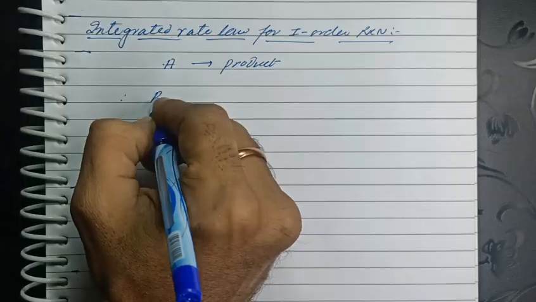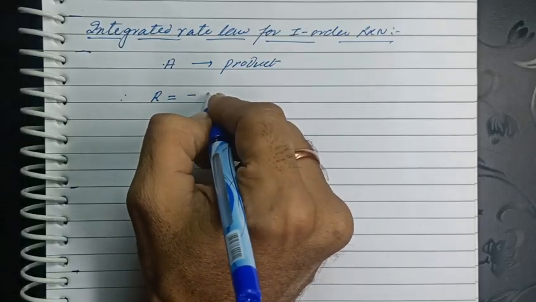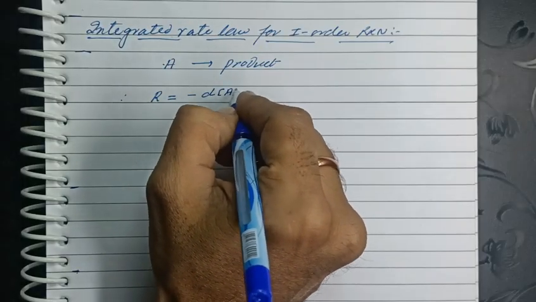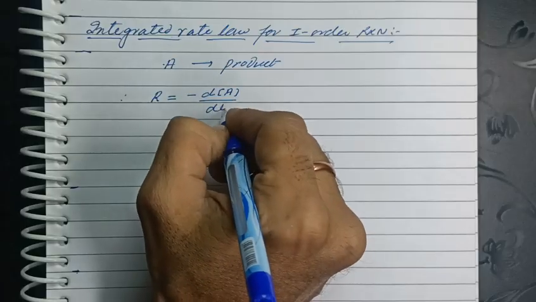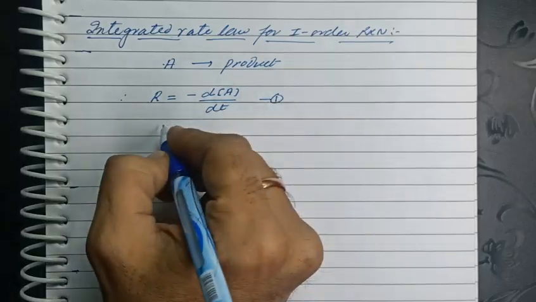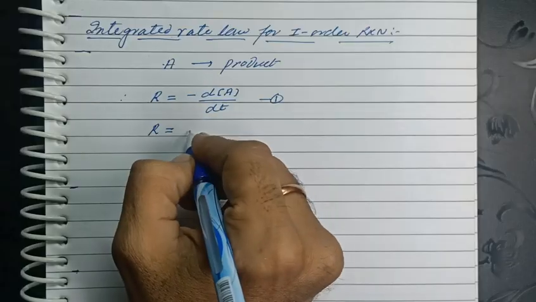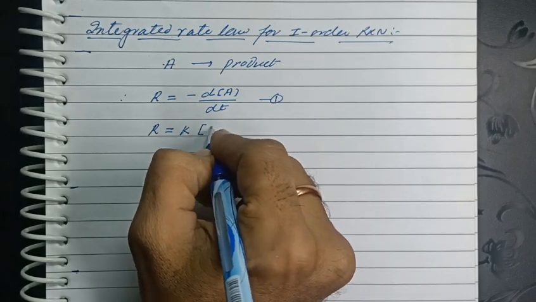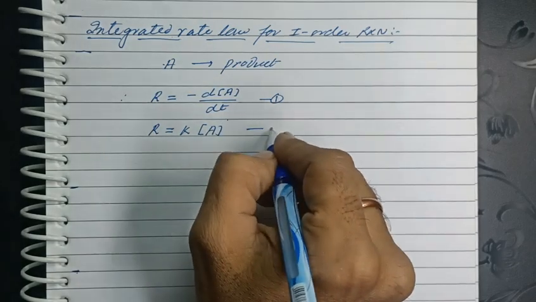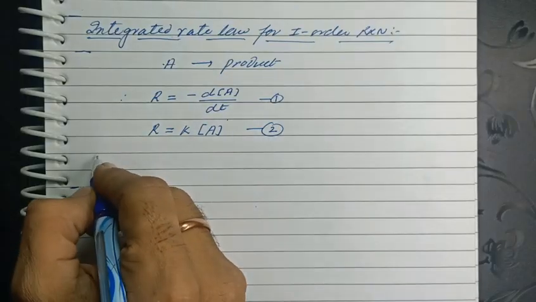Therefore, differential rate will be minus dA over dt. And from rate law, it will be R is equal to K A power 1, for it is a first order reaction.